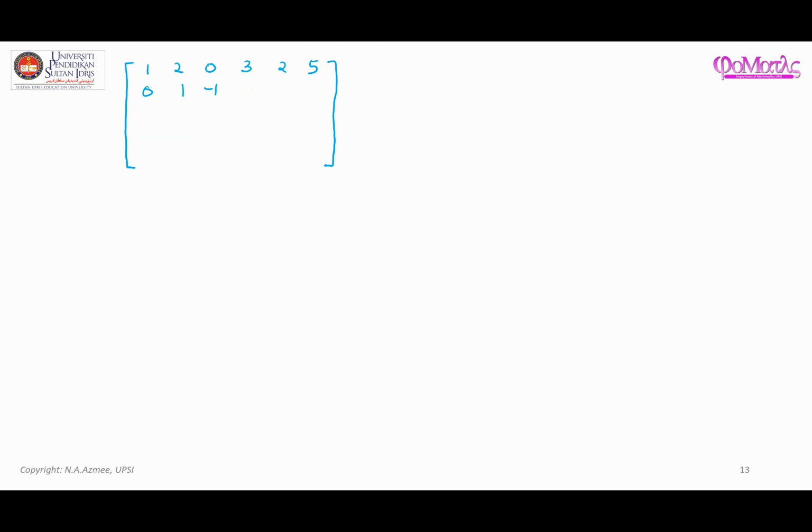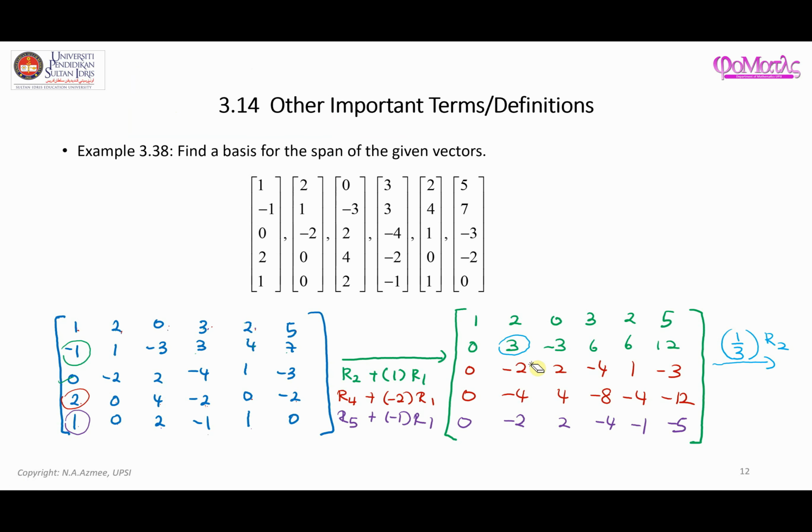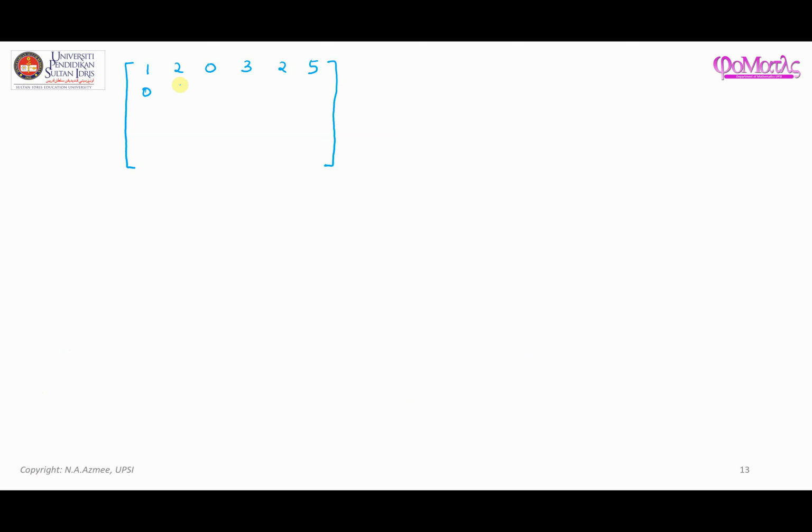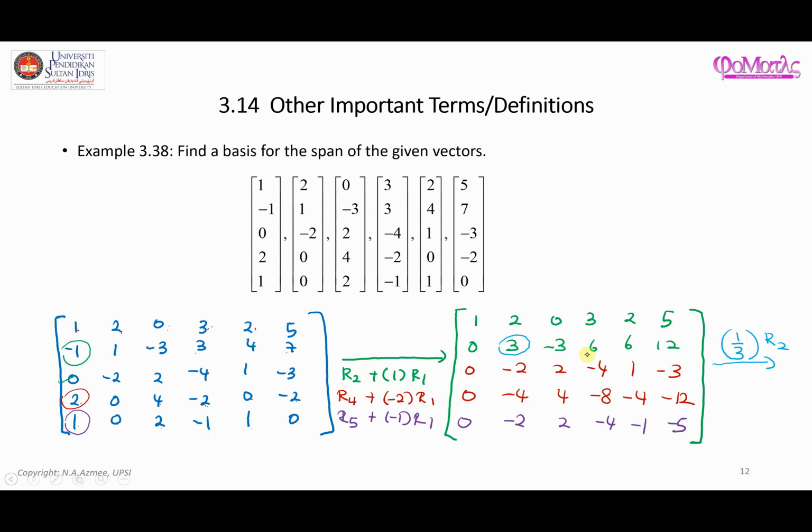So here I will have 0 1 negative 1, 2 2 and 4. Okay, 2 2 and 4, and the rest will be just the same numbers given here.